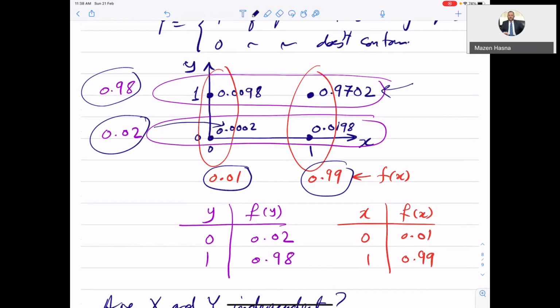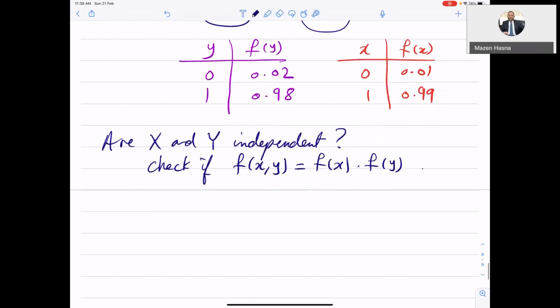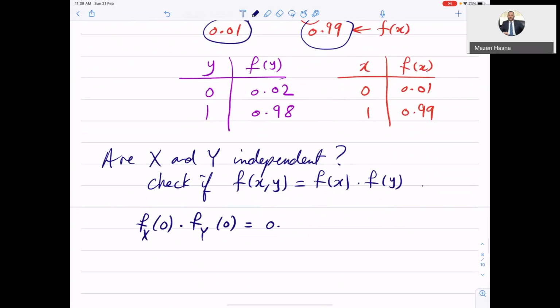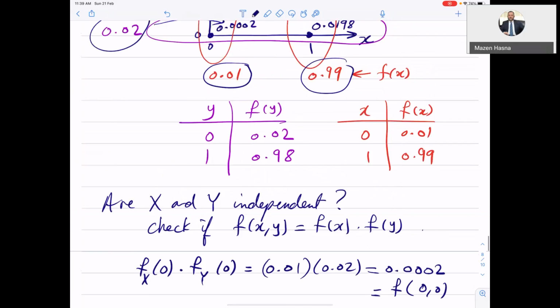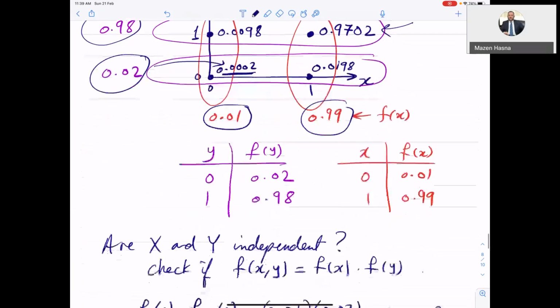When we multiply 0.99 times 0.02, does it give us 0.198? And so on. So we need to check f of x at 0 times f of y at 0, which is 0.01 times 0.02, which is 0.0002, which is the same as f of 0 and 0.